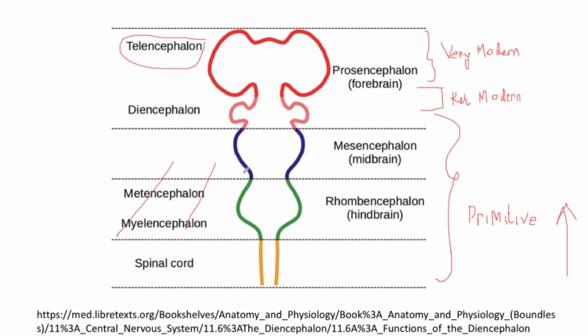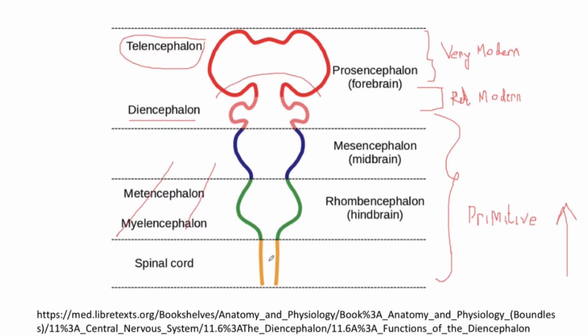Then on top of the brainstem, there are also areas like the diencephalon, and also some parts on top of that which are part of the telencephalon, which we will also be discussing today, which are all relatively modern. So these are the three things.